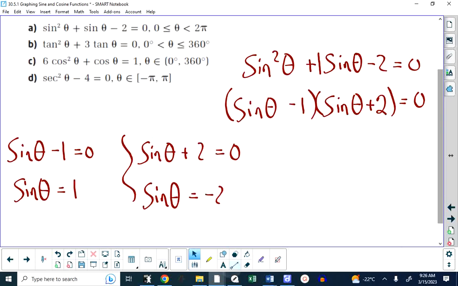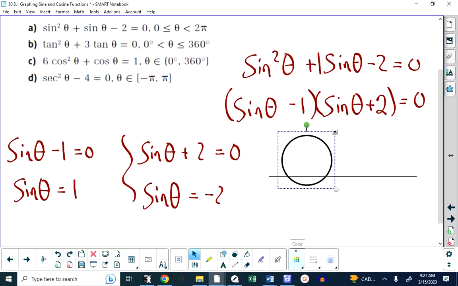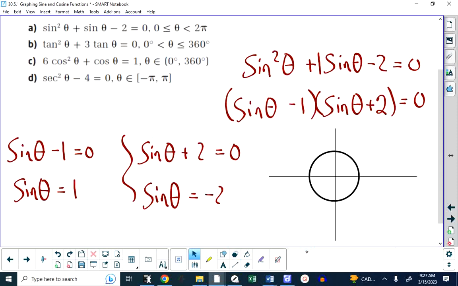When you solve this, you end up with this statement. And I'm going to try to make a connection here between what we have learned and what we're going to be learning today. There's the unit circle, and the y-axis is here. When you look at the unit circle, where this has a y-coordinate of 1 and this has a y-coordinate of negative 1, what this means is that sine of theta is always going to be a y-coordinate on that unit circle.